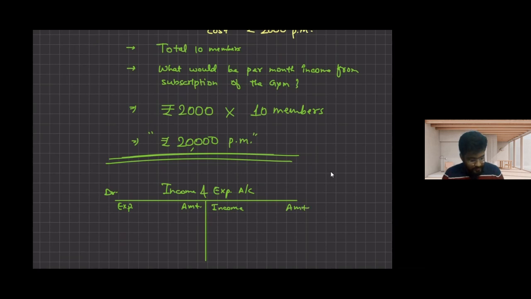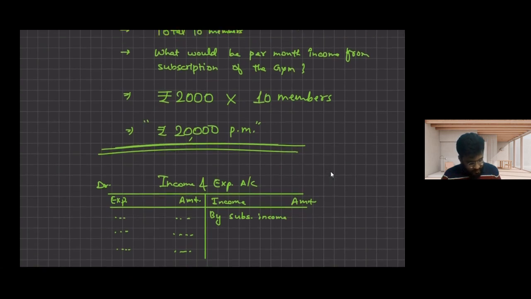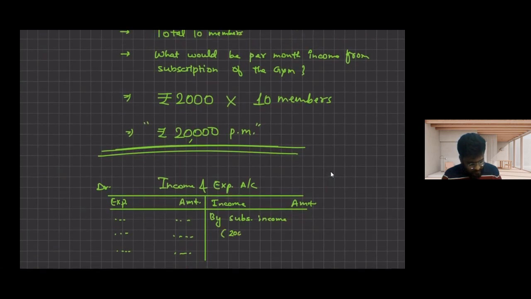On the expenditure side there would be some expenses related to the gym, but subscription is an income, so it will be on the credit side. I will write by subscription income, and this would be 2000 rupees into 10 members, that is rupees 20,000.